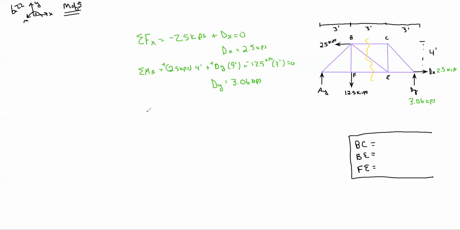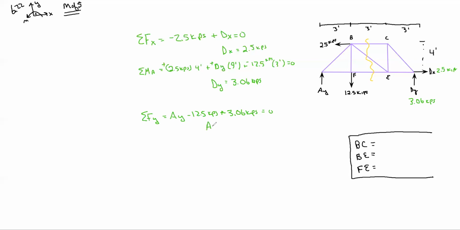Now we can pick up the summation of forces in the y direction. Ay minus 12.5 kips plus 3.06 kips equals 0. Negative 12.5 plus 3.06 is equal to negative 9.44.